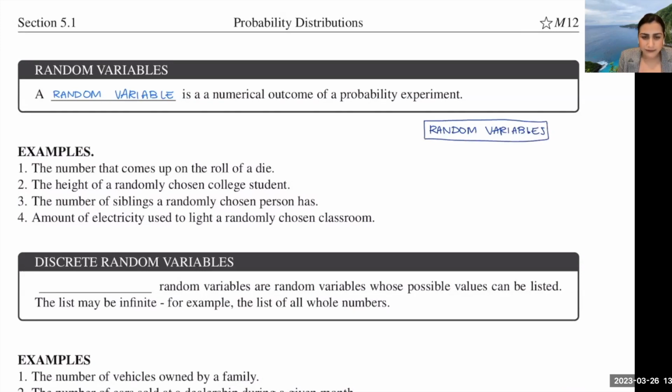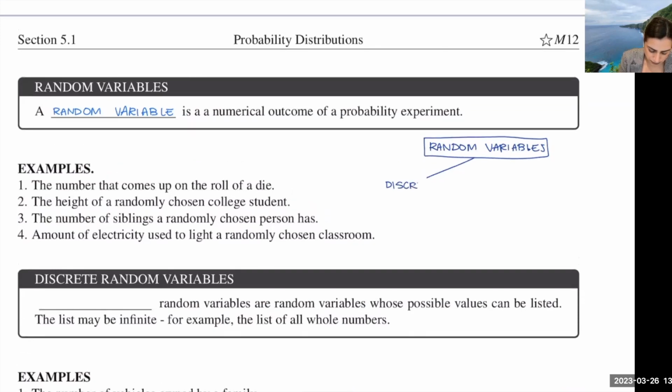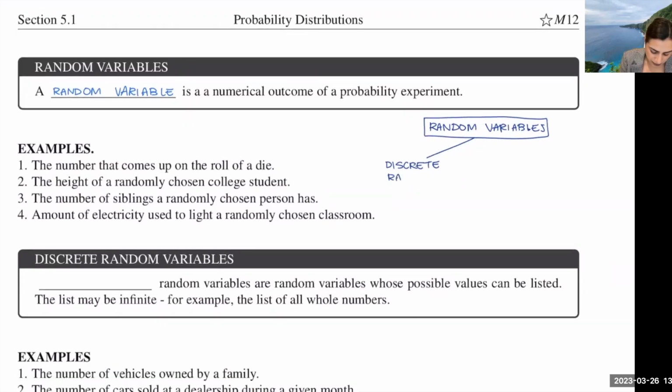Okay, so if we have random variables, a random variable could be discrete. It could be a discrete random variable, or it could be a continuous random variable.